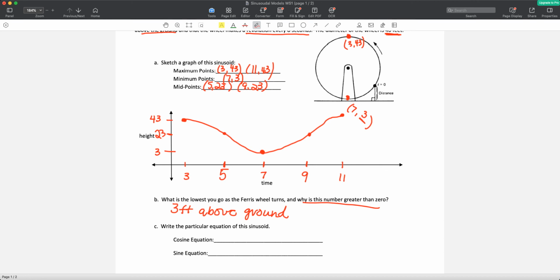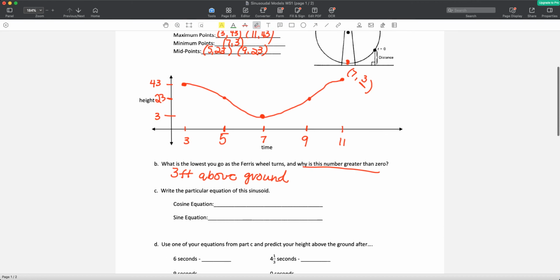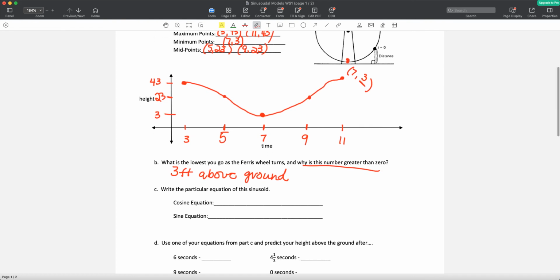Part C, we need an equation. And we want a sine equation and we want a cosine equation. So let's kind of go through and look at some different things that we need to know. We know the amplitude is going to be this distance that it varies. So 43 minus 23 would be 20, or I could do 23 minus 3, which would still be 20.